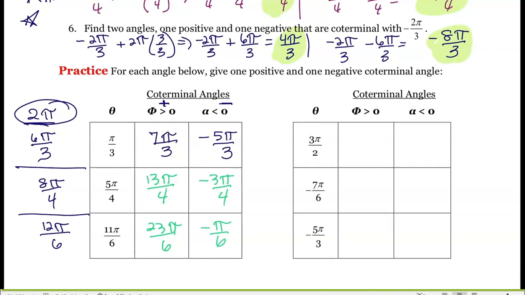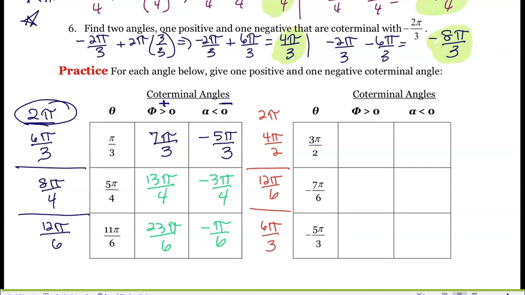Okay, let's continue and do that the same way. So if I know I have to add and subtract 2 pi, and I'm dealing in halves, then I'm going to say I need 4 pi over 2. If I'm dealing in sixths, I already know I'm going to do 12 pi over 6. And if I'm dealing in thirds, what do you think I should do? 3 over 3, so that's 6 pi over 3.